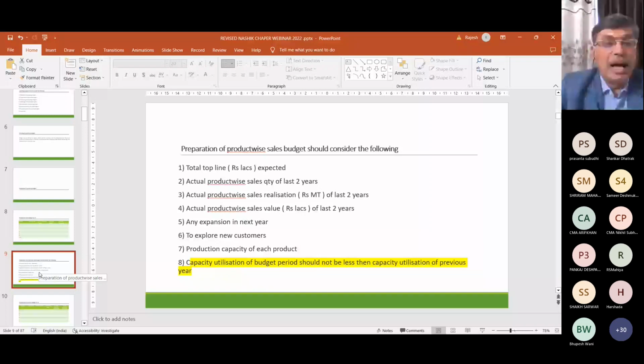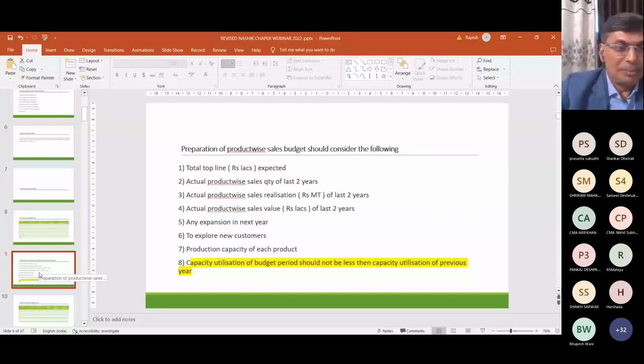So these 5 to 8 points are really important to arrive at the sales quantity and sales rate, apart from what has been achieved by the marketing department. And this should match with the top line expected by the management. If the top line is not met, some reworking has to be done by the marketing department, either in terms of quantity or in terms of rate.